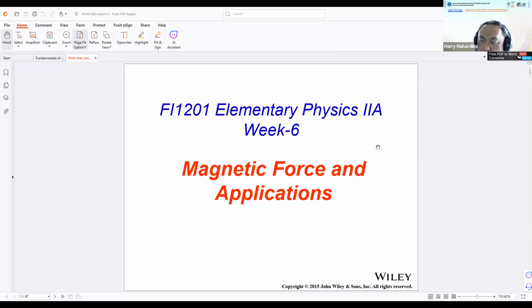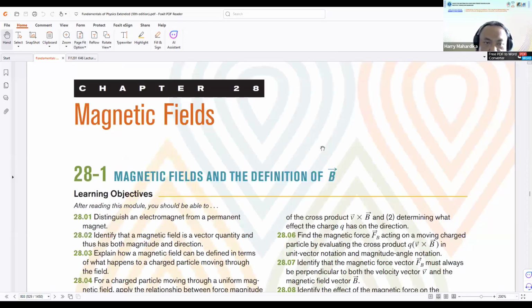Okay, so on this occasion, I would like to continue our topic on magnetic fields, where the magnetic field itself is a consequence of current that is flowing inside of a wire, right?